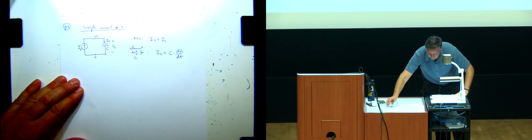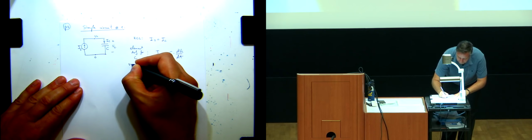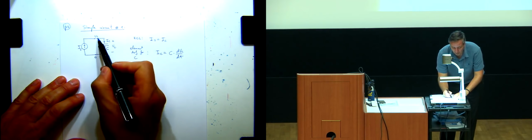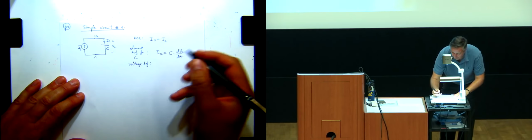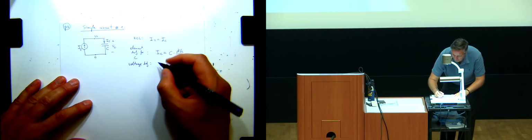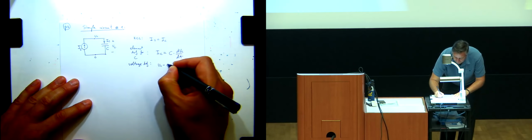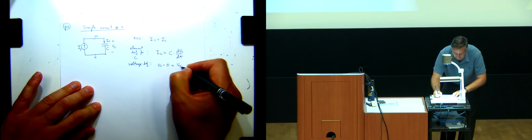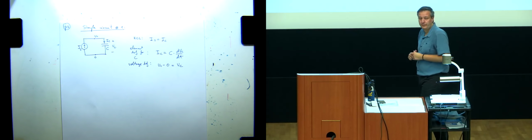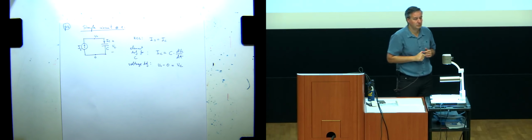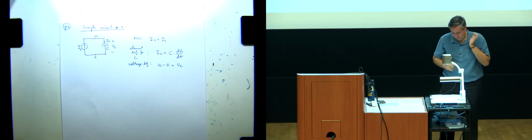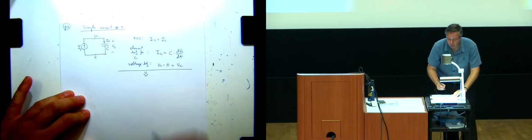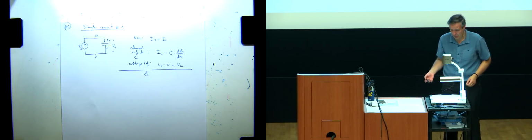The third thing we have is the definition for voltage, what is VC. So U1 minus 0, the difference of these two potentials, equals VC. From these two, we can do a quick substitution.